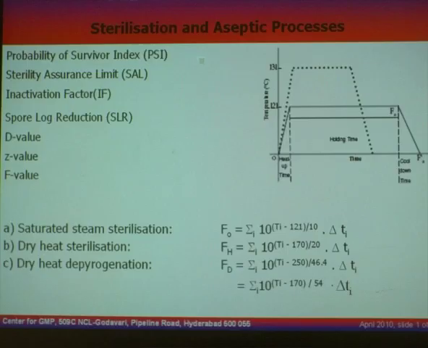For the dry heat depyrogenation, you see two different equations. One at a reference temperature of 250 degrees centigrade, where the Z value is given as 46.4, and another at a reference temperature of 170, where the Z value is given as 54.